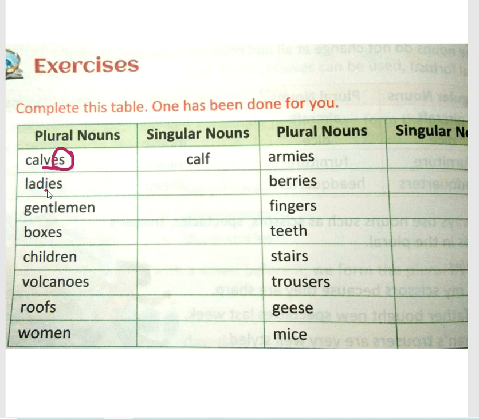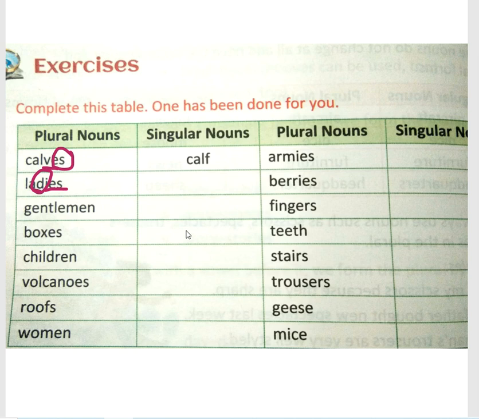Ladies, IES. Remember the rule that when a singular noun ends with Y and the letter before Y is a consonant, so D is a consonant, then what we do?